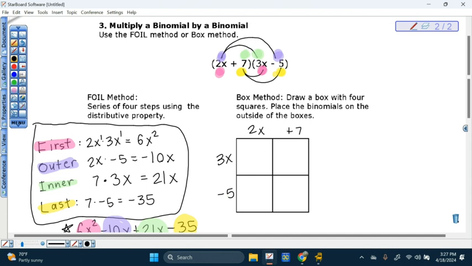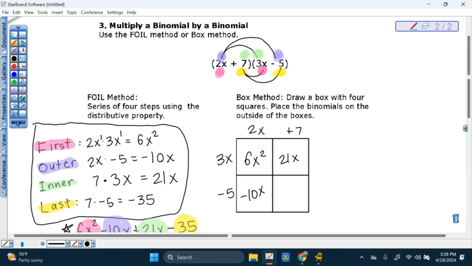Yeah, that's what someone else said earlier too. It is kind of like a Punnett square. So you look at 2x times 3x. What's 2x times 3x? 6x squared. 7 times 3x? 21x. 2x times negative 5?